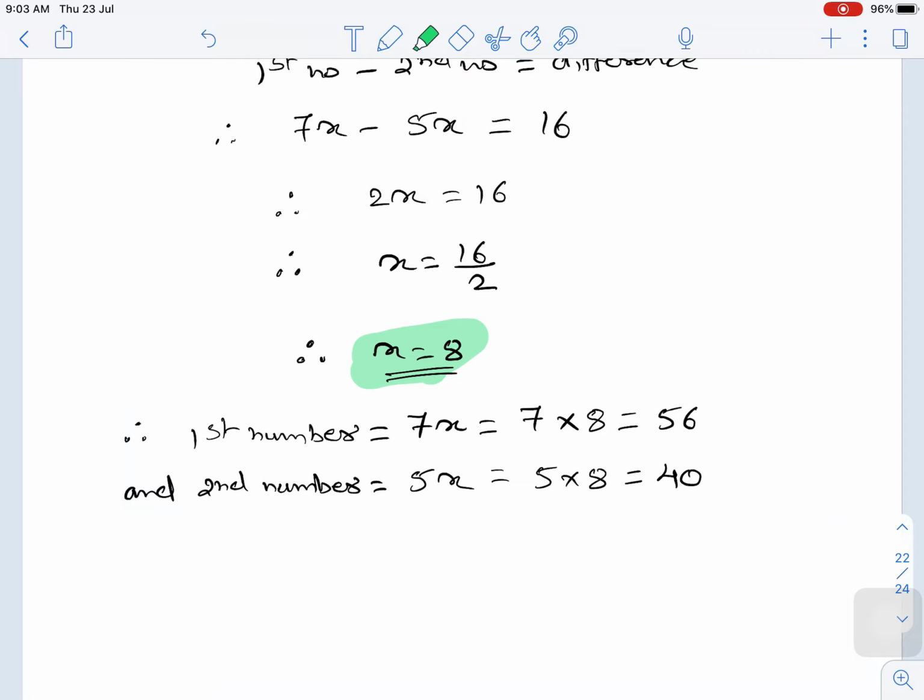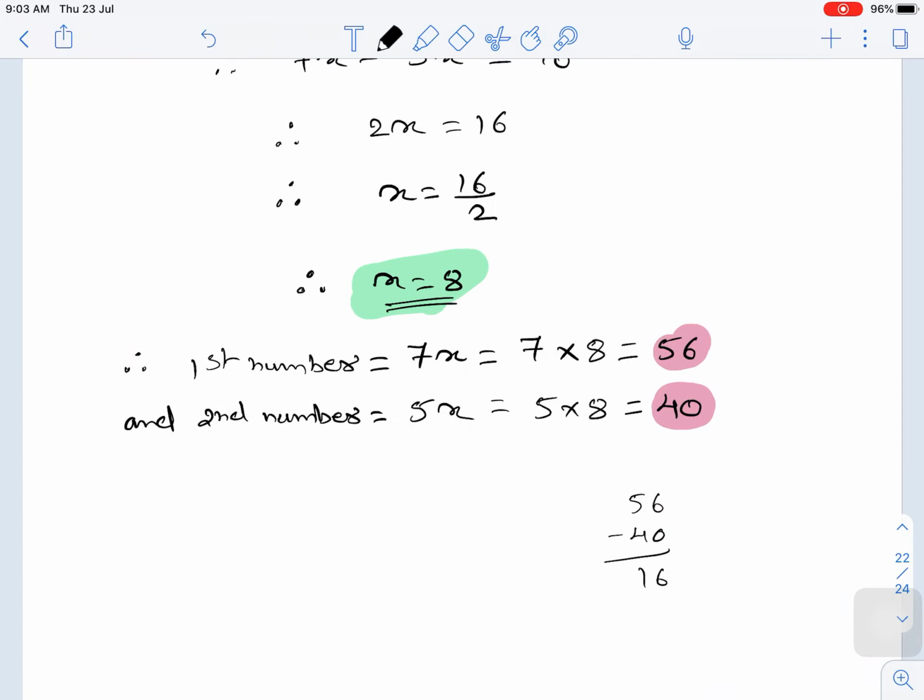So these are our required numbers, that is 56 and 40. Now if you want to cross verify it, what condition was given? The difference between the two numbers is 16. So if you find the difference between the two numbers, what answer will you get? 16. It means that our values are correct.